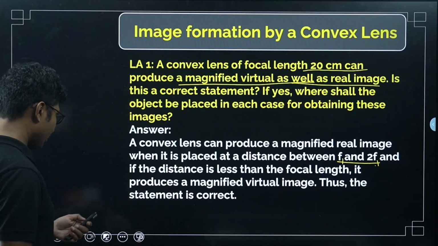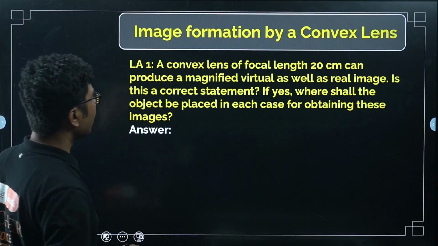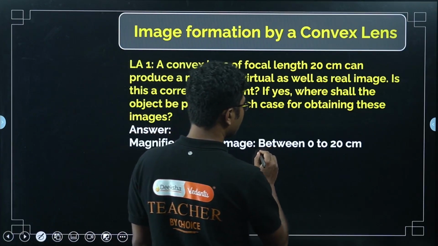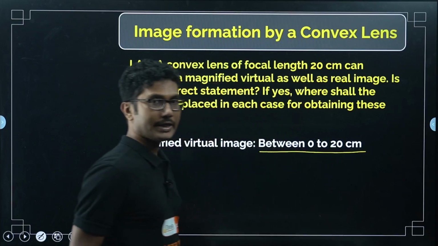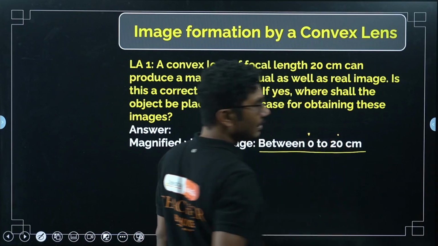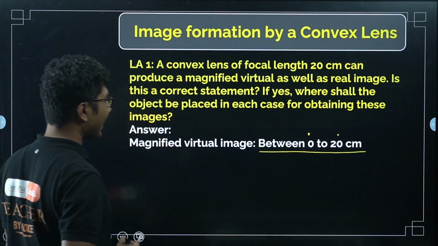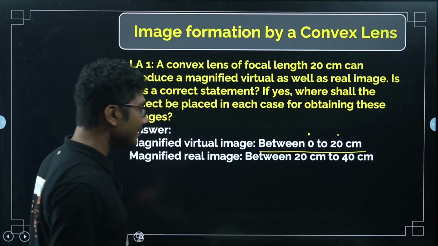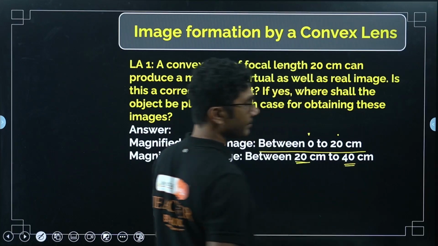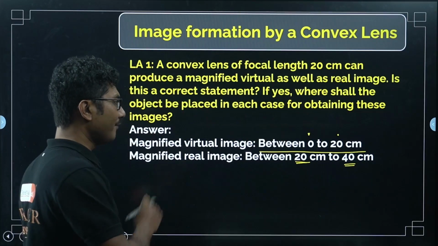So let's look into the actual answer. Magnified virtual image is formed when the object is placed between 0 to 20 cm, that is from the optical center till the focal length, right? And magnified real image will be formed when the object is placed between 20 cm to 40 cm, that is from f to 2f.